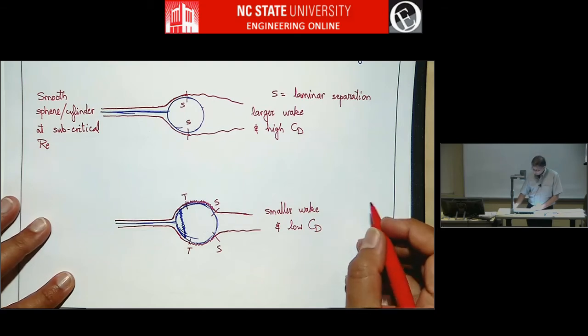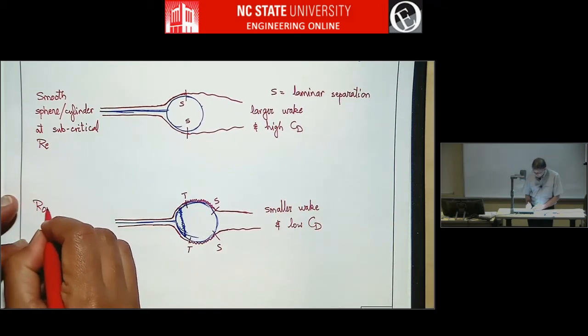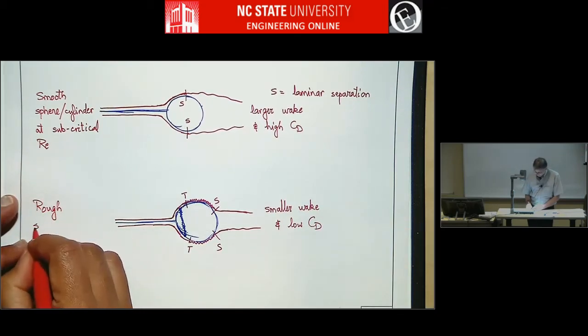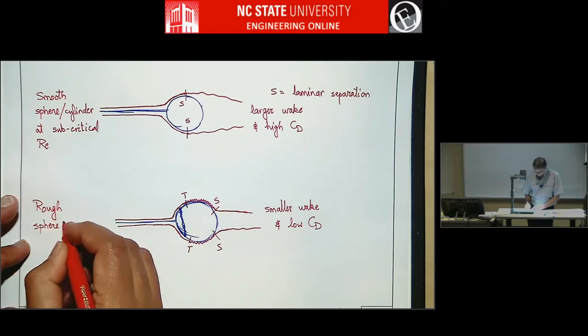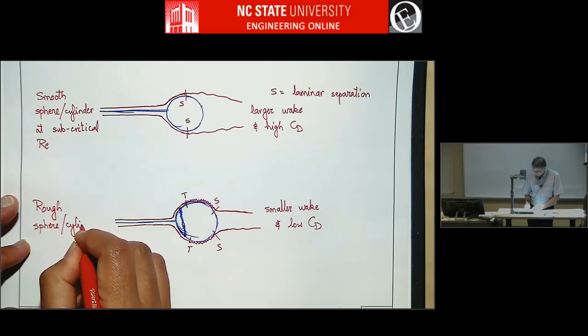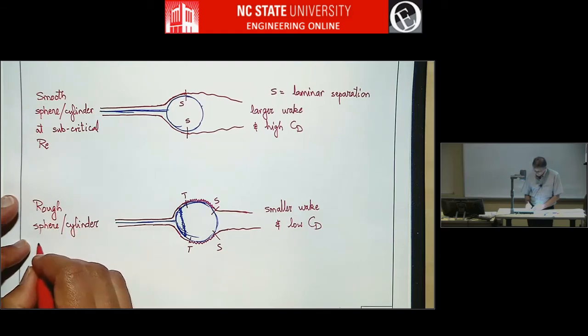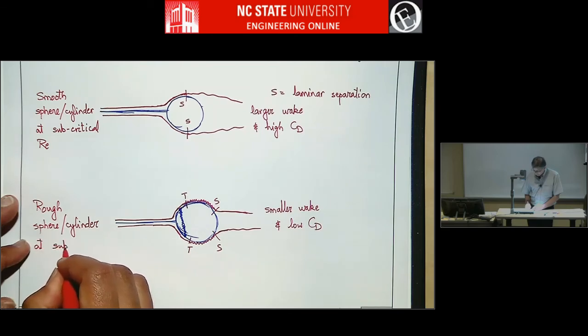So this is a rough sphere or cylinder at subcritical Reynolds number.